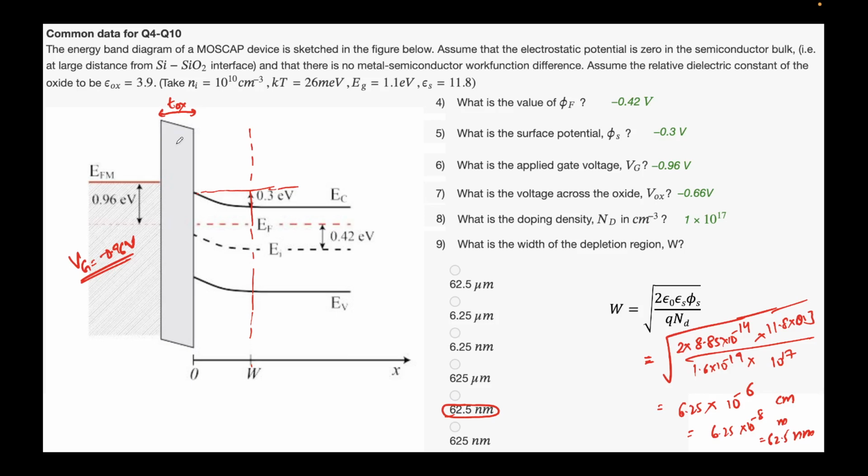Hence you must have at least an understanding of what range these values will give, and how to get those numbers. This is a very simplistic picture, where the problem was designed just so that you can approach it. First find out phi f, which depends on doping density. The doping density is something you can control, and thus you can control phi f. Vg is also in your control to an extent.